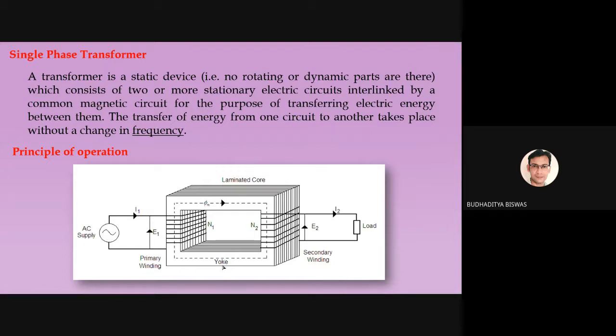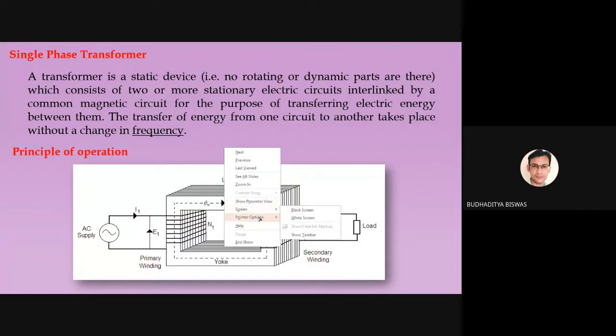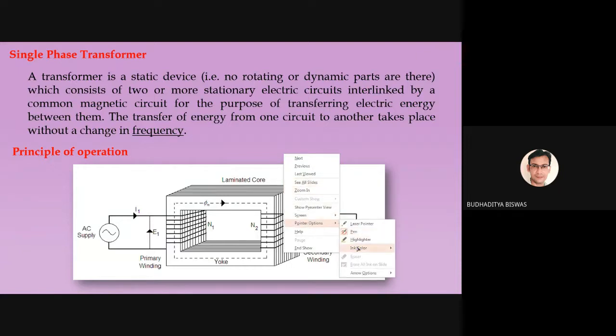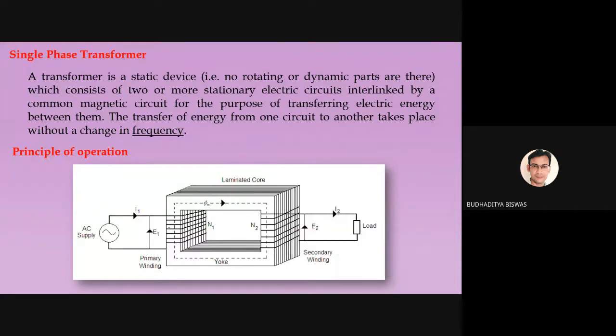So if this N1 is high compared to this N2, then the voltage E1 is also high compared to E2. Whichever winding has more turns compared to the other winding, that winding voltage is more.